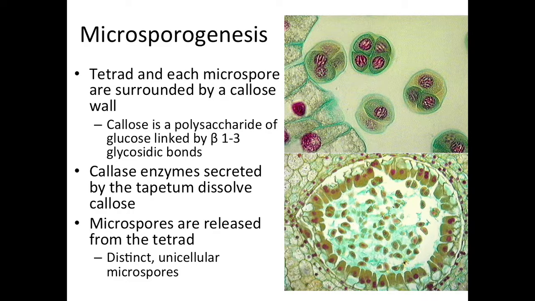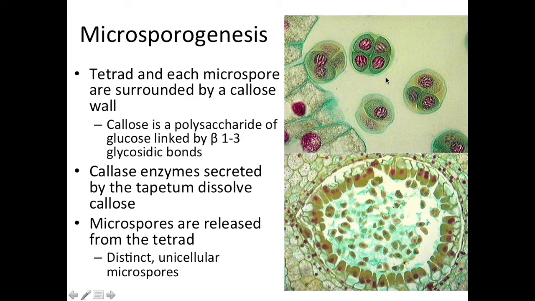It's actually that tapetum that's going to be responsible for breaking apart these tetrads. The tapetum is going to release the enzyme callase. So there's a special polymer called callose, which is the cell wall of these microspores.